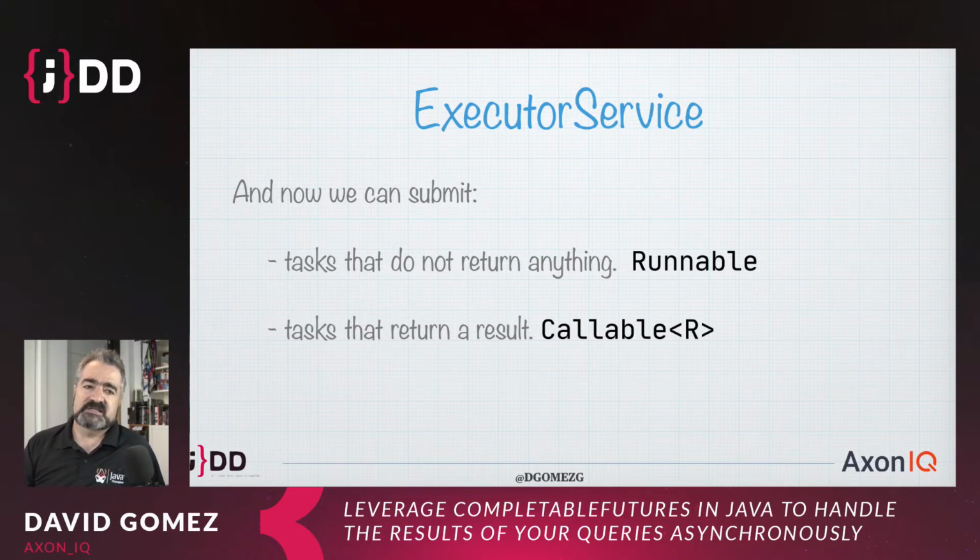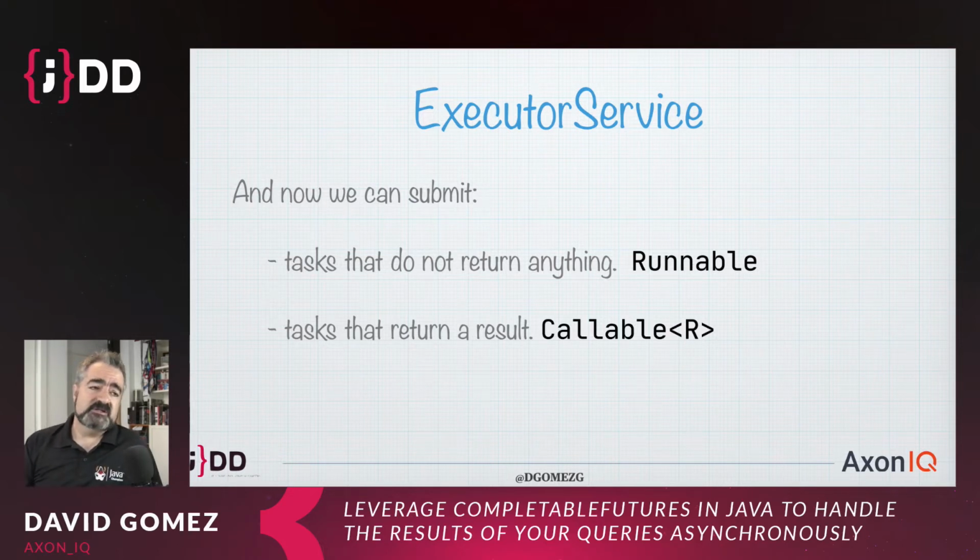Callable is an interface similar to Runnable, but instead of just running something and returning void, a callable will run something and return some kind of result of type R in this case.